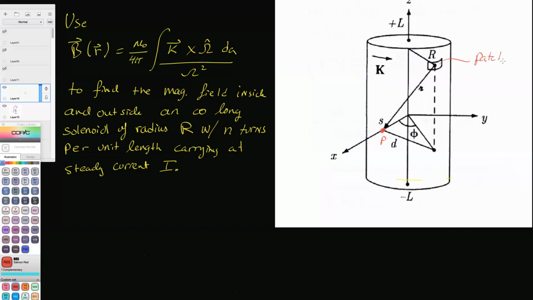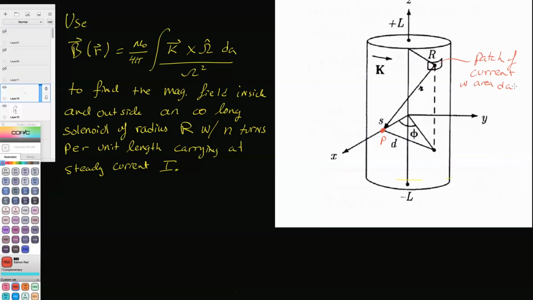Patch of current, right? With area dA. And we're going to try to do the pedantic approach to figure out all the things.